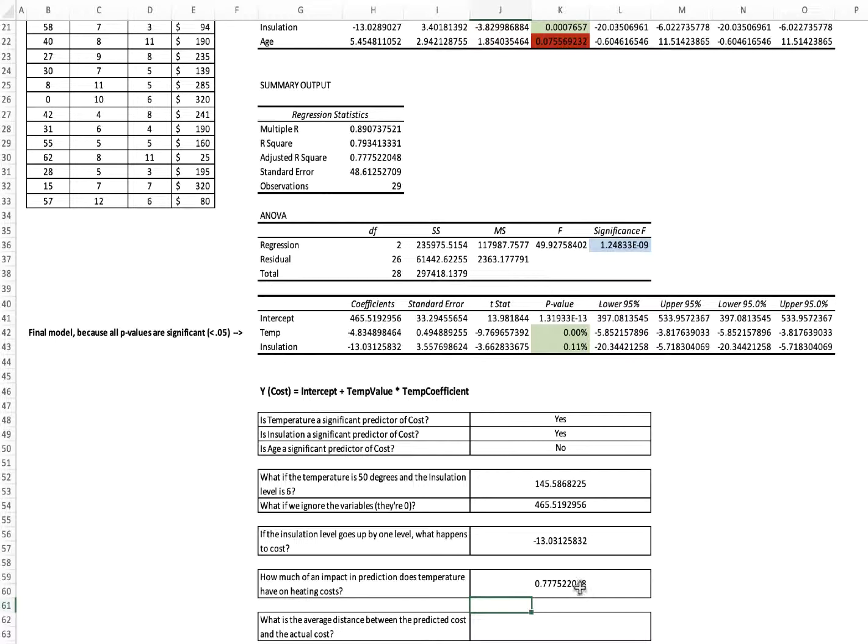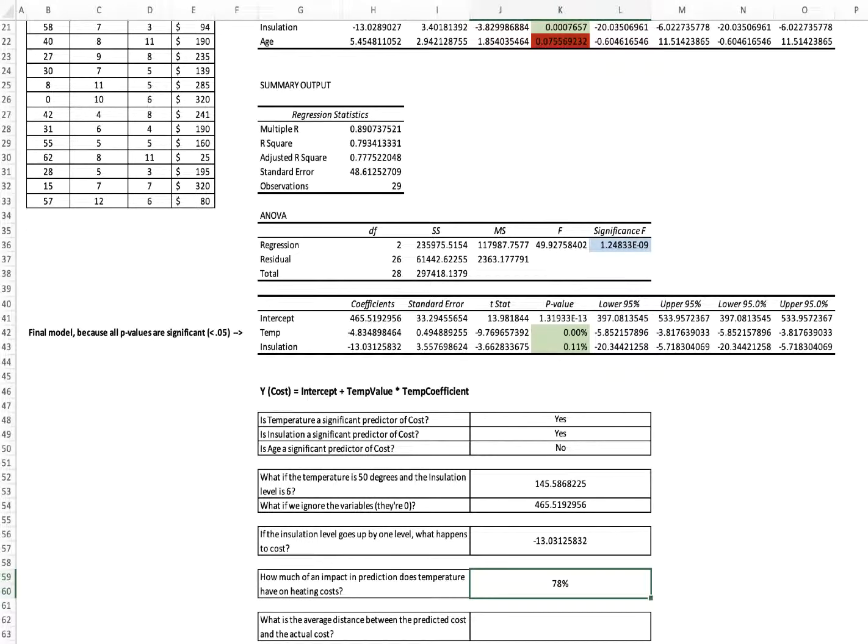And this is simply saying that we can say that if the cost goes up or down, 77% of that value is based on the changes in temperature and the changes in the insulation. And that is a percentage that goes from 0 to 100%. So 78% of the change in cost is based on temperature and insulation.